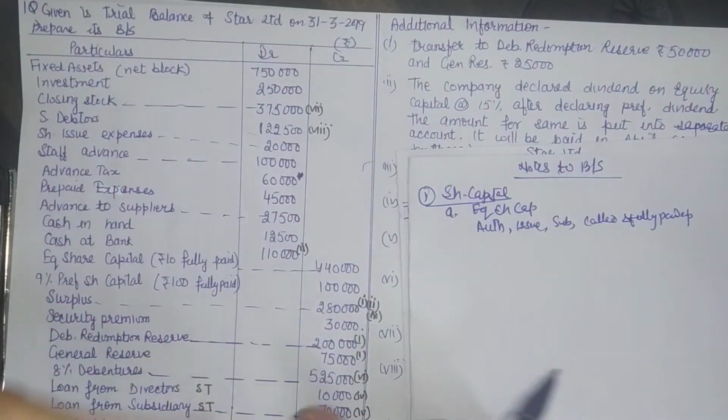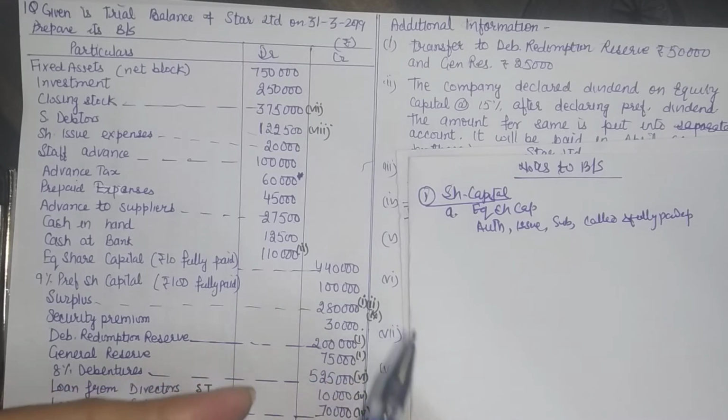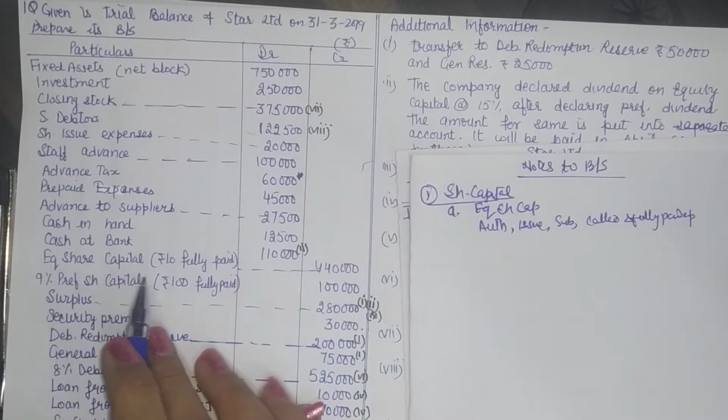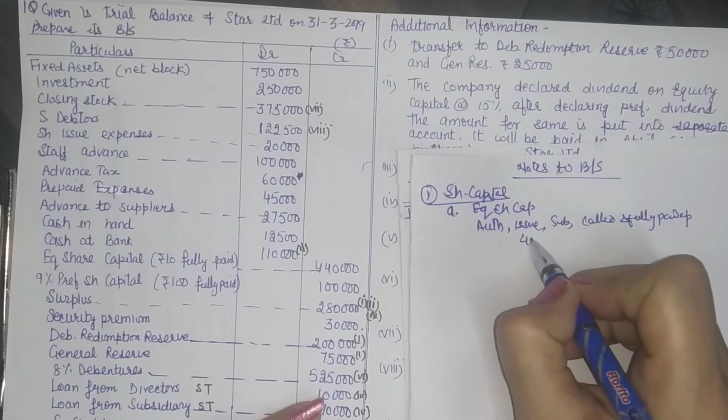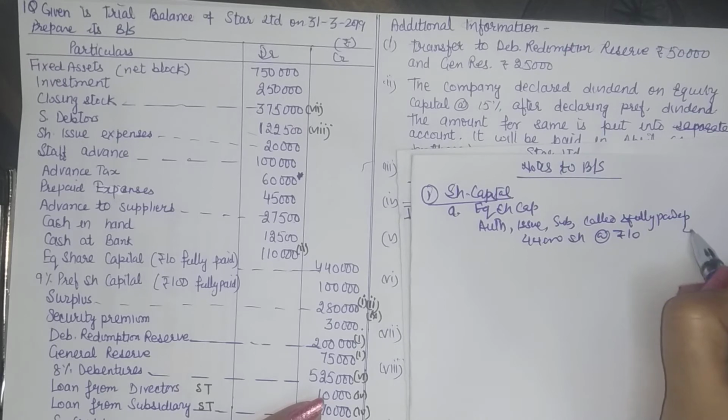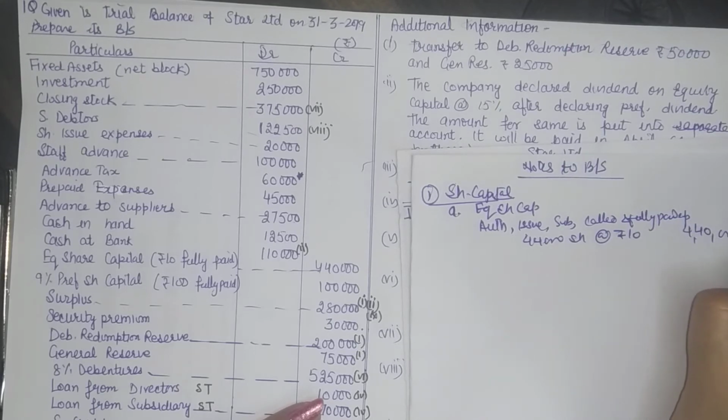Otherwise arrears and the shares which are forfeited are reported separately. So you have equity capital of 44,000 shares at the rate of 10 rupees. This is the only information we will write.